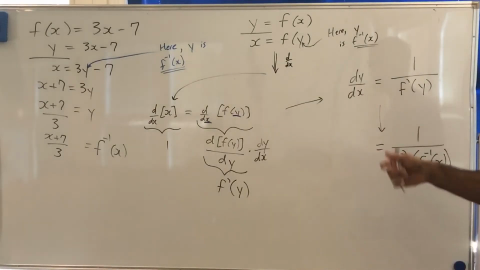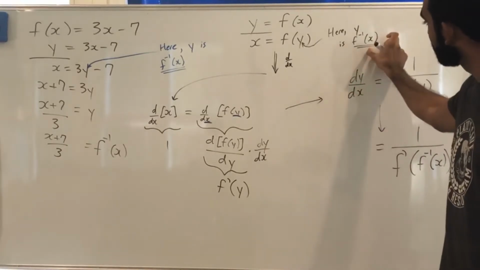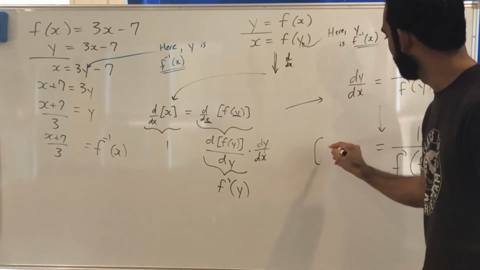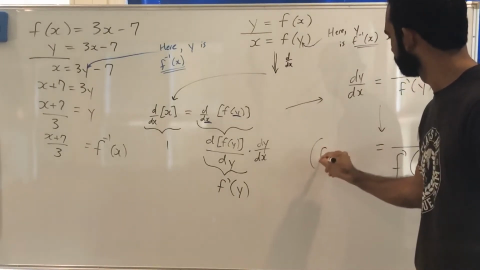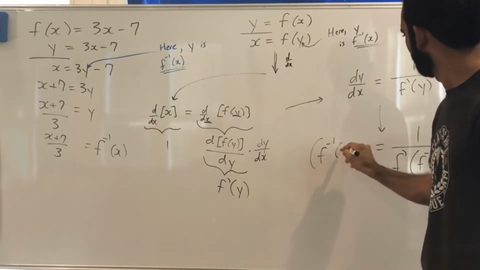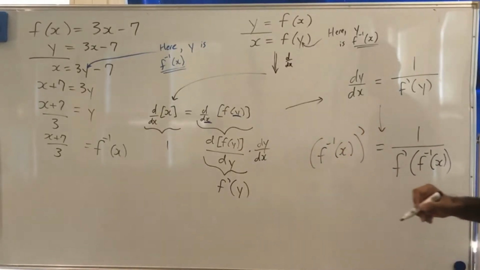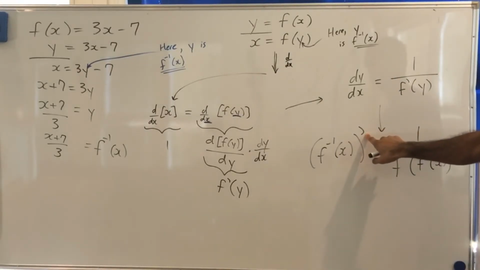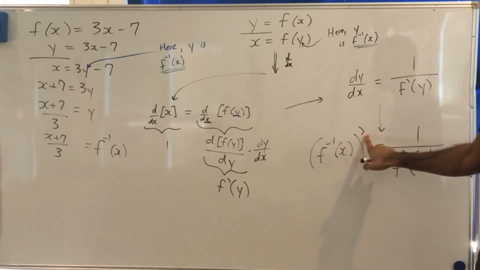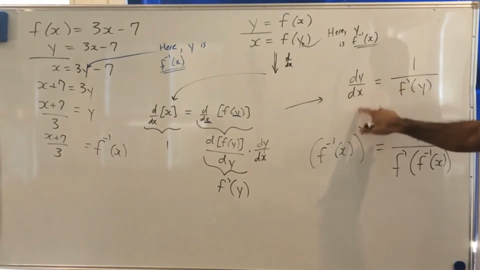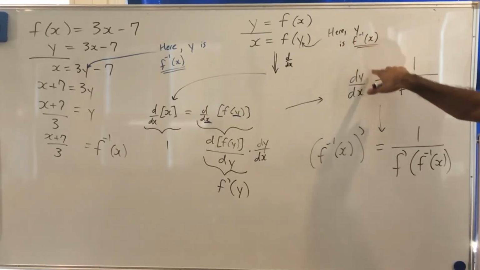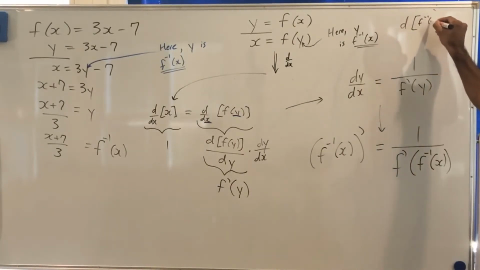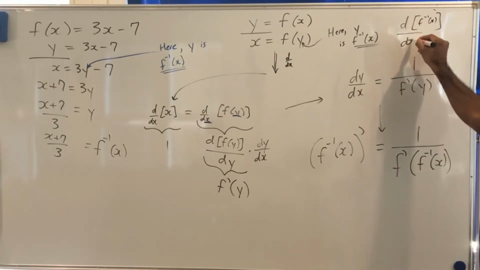Whereas on the left, the derivative of the inverse with respect to x, I can put this in prime notation. This is the same thing as this. That's not an exponent, that's an apostrophe, you just mean take the derivative. That basically means the same thing as this. If you stick f inverse in here, the derivative of f inverse all over dx is just the same thing.